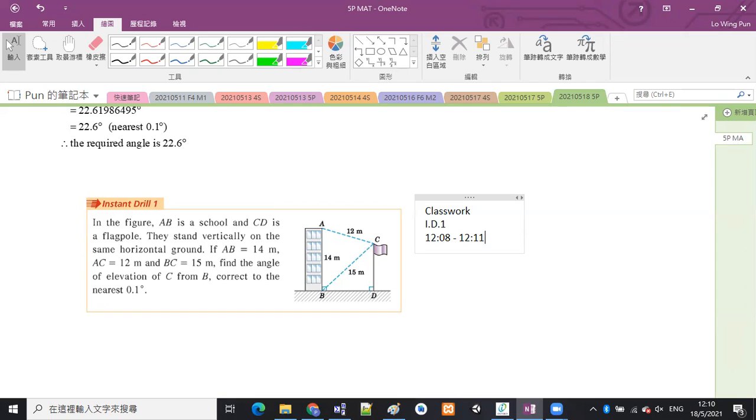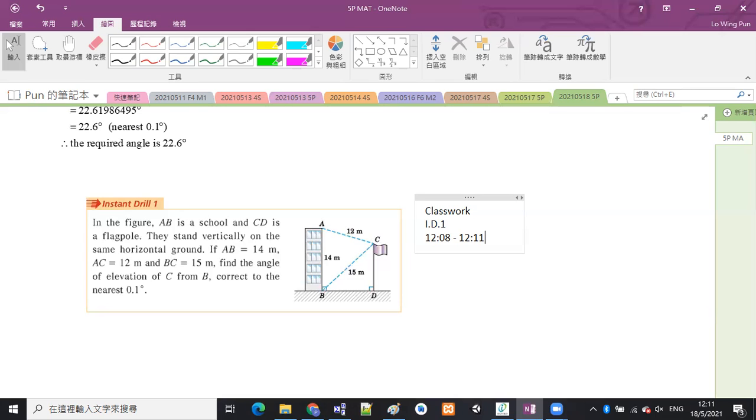See this angle, CBD, is the required angle because we are going to find the angle of elevation of C from B, standing at B, looking at C. Okay, so we need to look to the horizontal direction first, and then turning upwards. So the angle you have turned is angle CBD. Okay, that is the angle of elevation. That is the required angle.